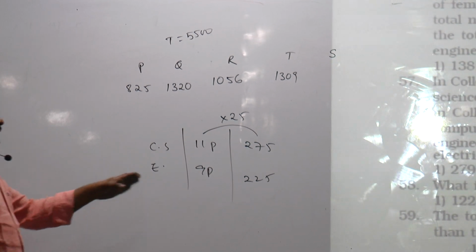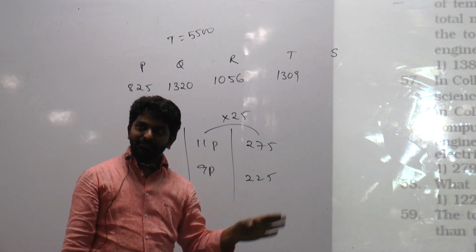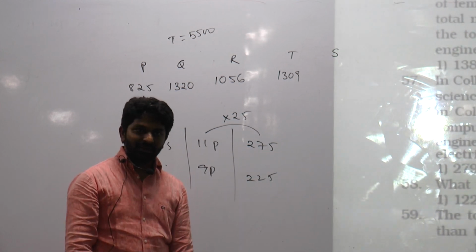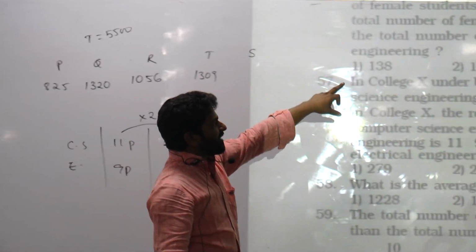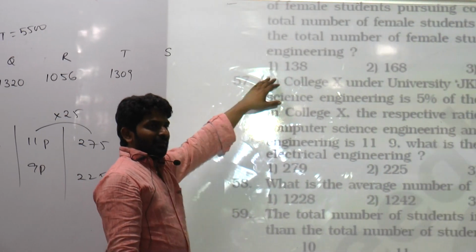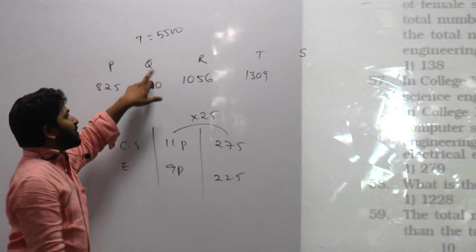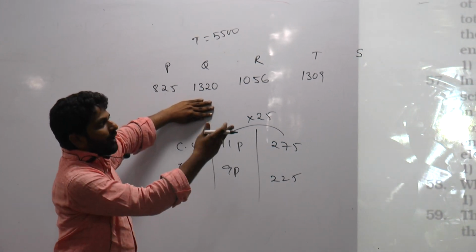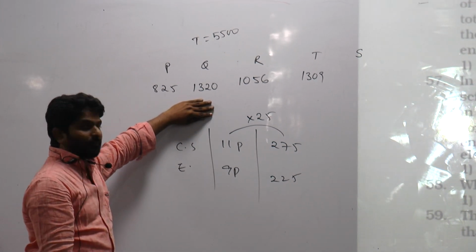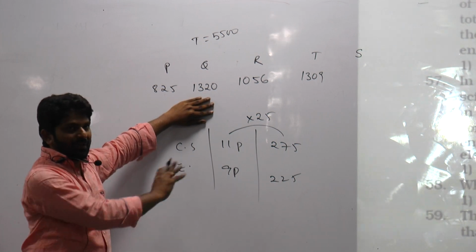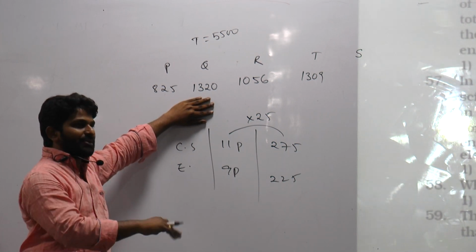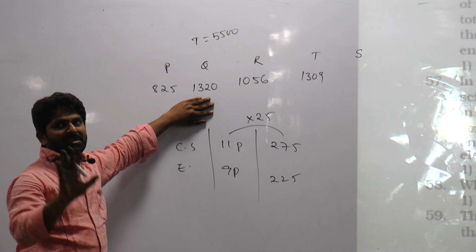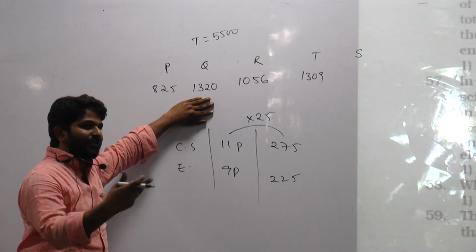See, before going to answer this, I am verifying something for every question. You understand? And for the previous question also I have verified. From college Q, you are going to get a multiple of 5. 25% of this number is divided into 6:5 ratio. Females are 5 parts, in the sense a multiple of 5.